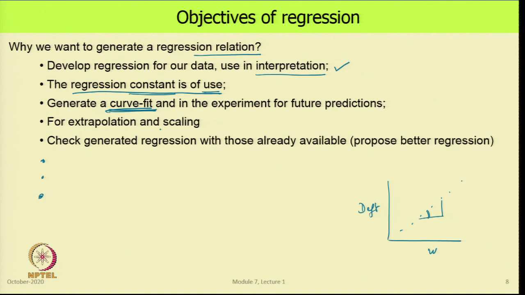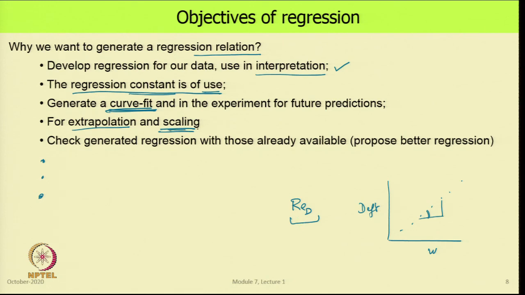Then we could like to do something on scaling and extrapolation. If a parameter has got dimensions, we generally cannot scale it, but if we make a non-dimensional number out of it, like so many non-dimensional numbers we come across in various engineering disciplines, say like Reynolds number, then we know that if we did an experiment with air at a particular Reynolds number, then what we saw there is likely to be the same case with water at the same Reynolds number.